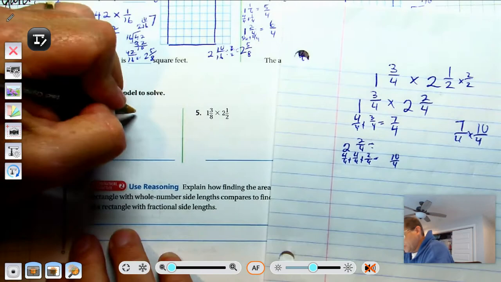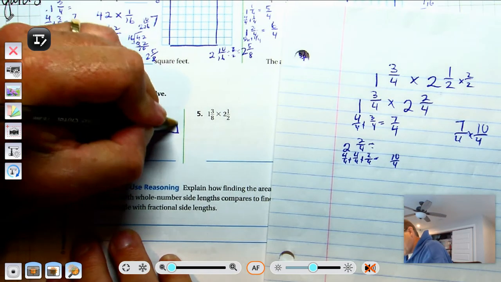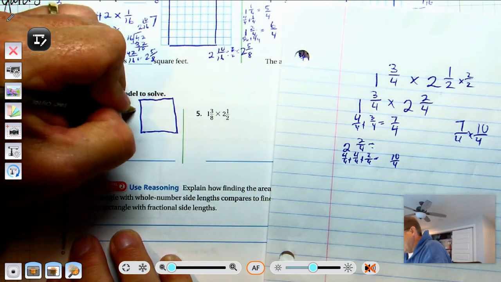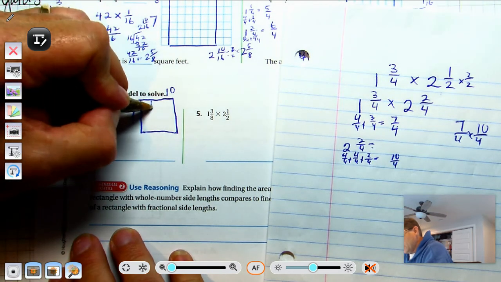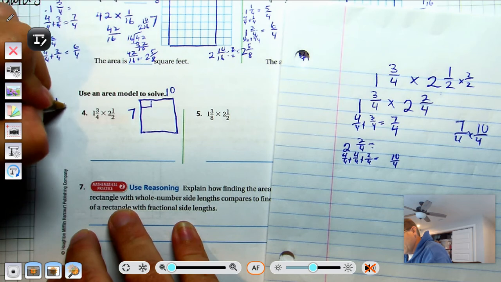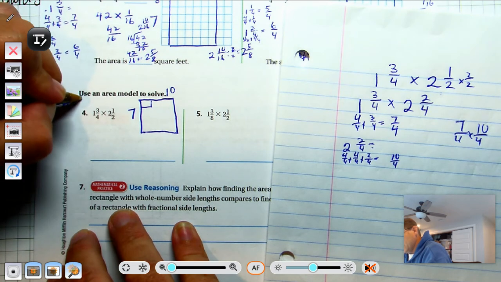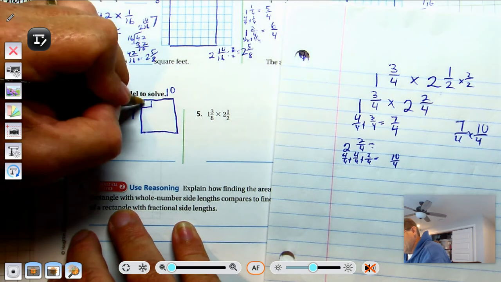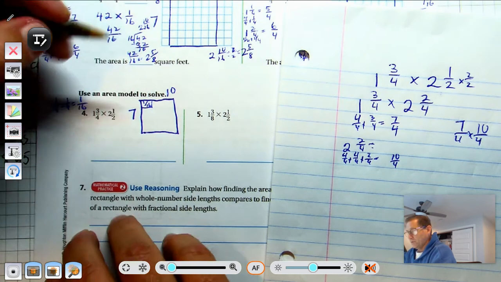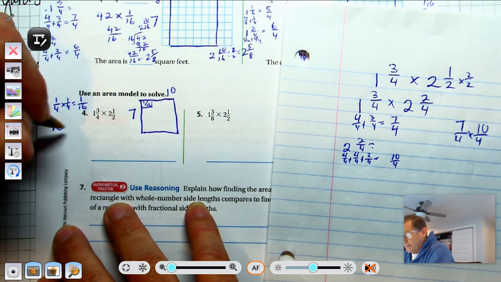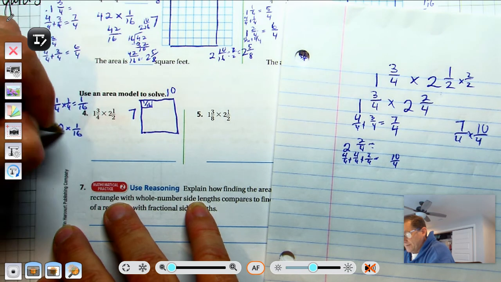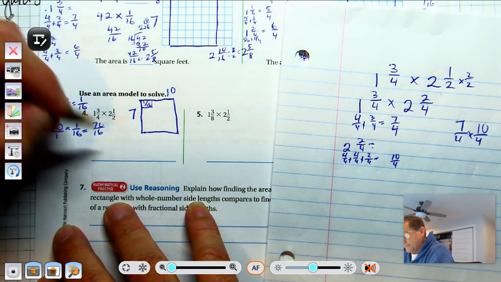So if we're going to draw a picture, we'd have 7 by 10, and each of the squares is 1/4 times 1/4, which is the same as 1/16. So how many 1/16 pieces do we have? We have 70. 70 times 1/16 is 70/16.